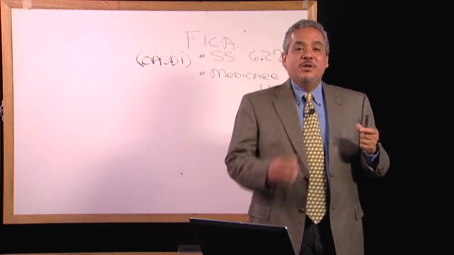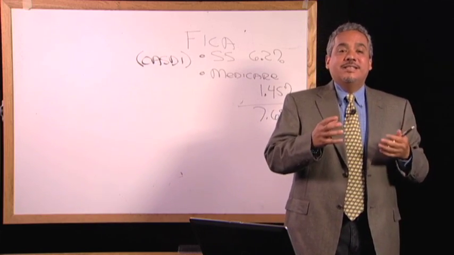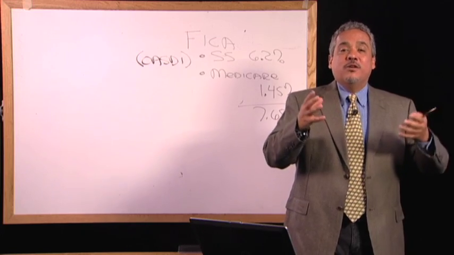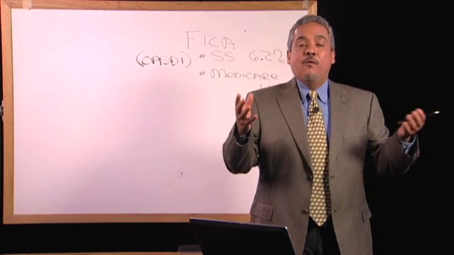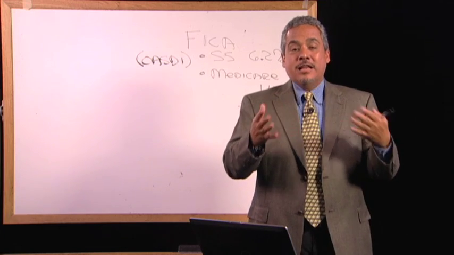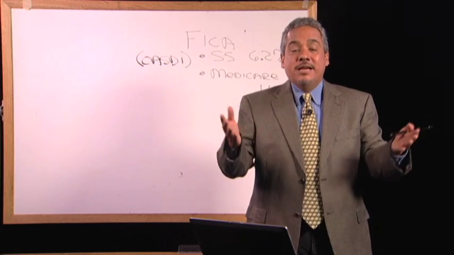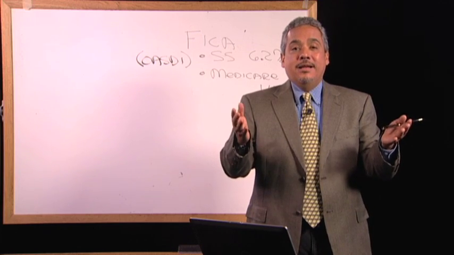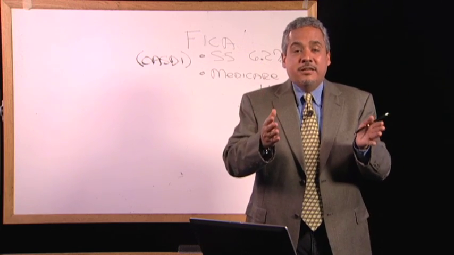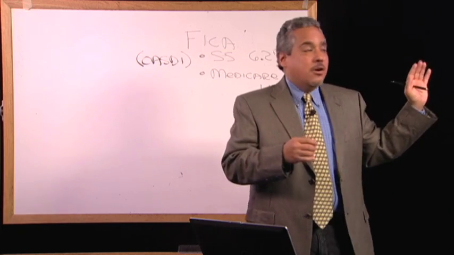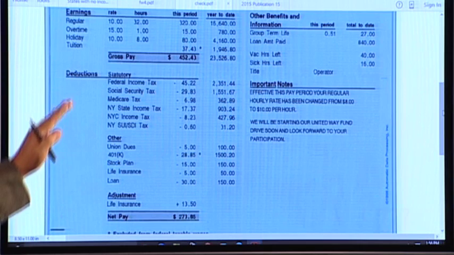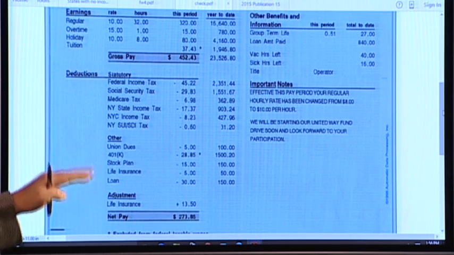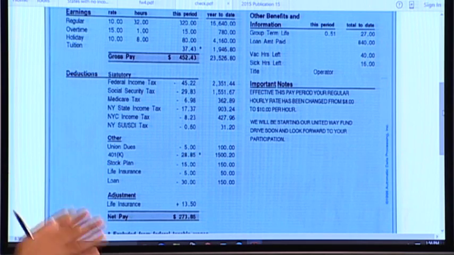So as you can see, all these deductions take a part of your paycheck, and we might not be aware of what is being taken out of our paycheck. That's why I recommend that you take a look at your paycheck and understand the deductions that are being taken out. What I'm showing you up here is quite a bit of deductions. Yours could be more, or they could be less.